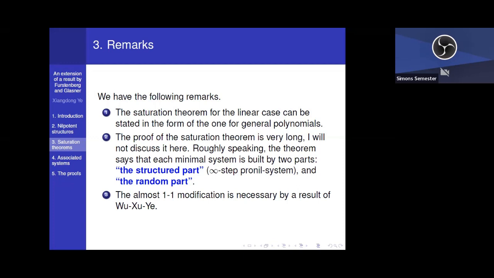But roughly speaking, you can think that each minimal system is built by two parts: the structured part is the infinity-step nilsystem, and the random part is above it. So you have the saturation. You will see the almost one-to-one modification is necessary. Otherwise, you have a counterexample. This is a paper by Wu, Xu, and myself.